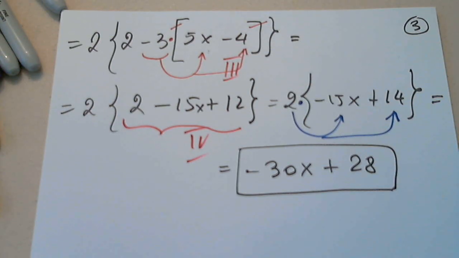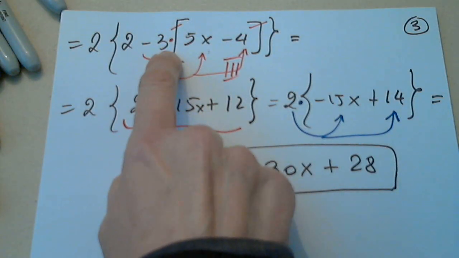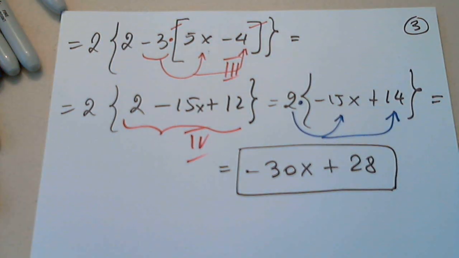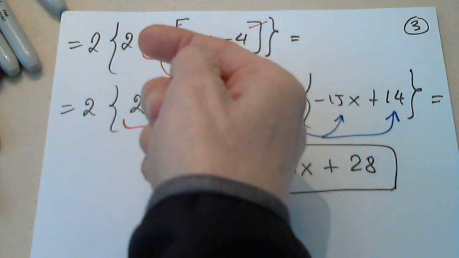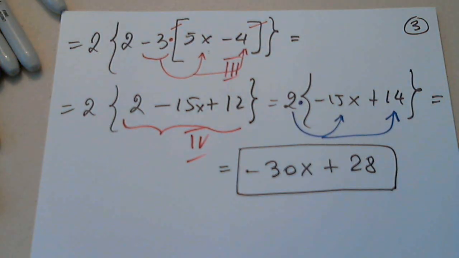Why couldn't you do 2 minus 3 and then distribute? By the order of operations. The order of operations will never allow me to subtract before multiplying. That's never allowed. See, 3 has subtraction on this side and multiplication on this side.